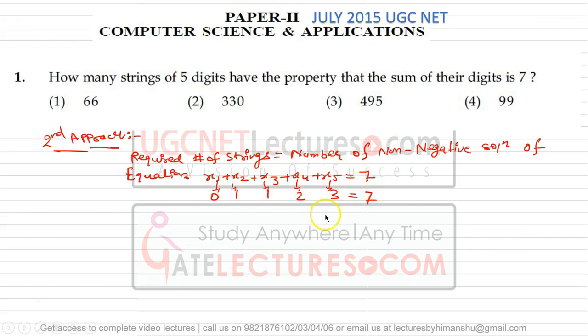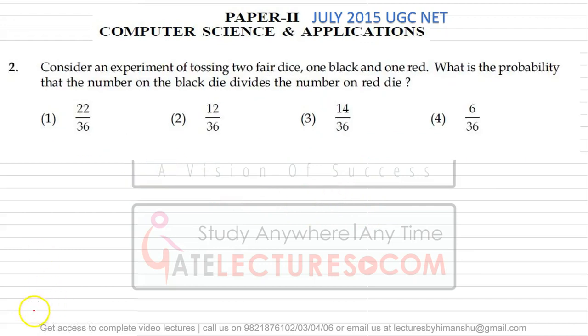If we can find the number of solutions, we can simply count the number of ways in which the sum of digits is 7. Okay, so now let's say you have this problem.